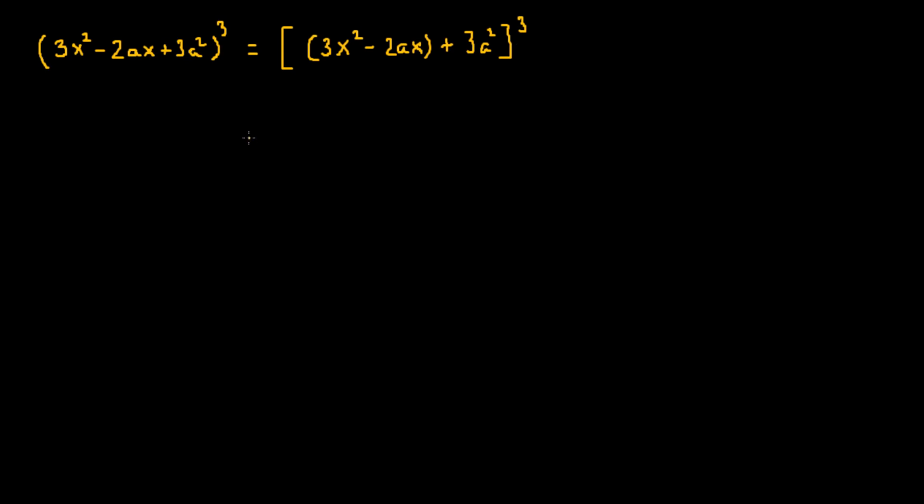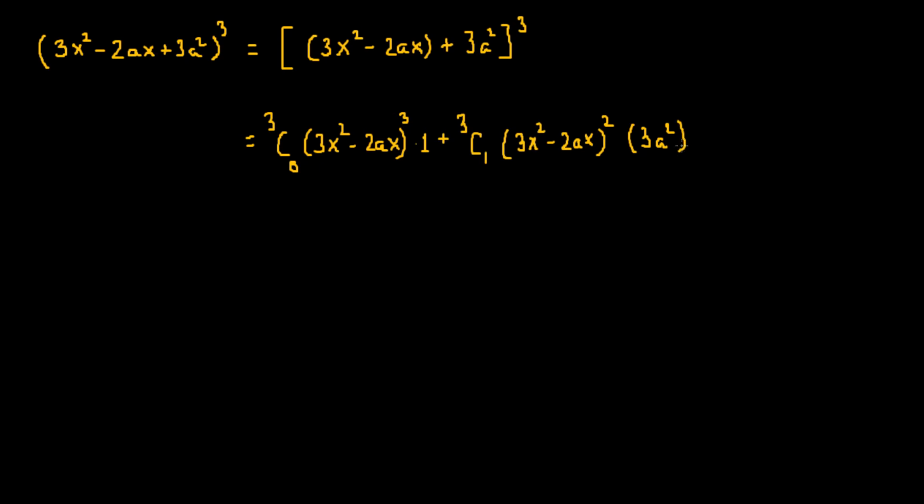Okay, so now we apply the binomial theorem. So this is 3C0 (3x squared minus 2ax) whole raised to the power of 3 times 1, plus 3C1 (3x squared minus 2ax) raised to the power of 2 times (3a squared) raised to the power of 1, plus 3C2 (3x squared minus 2ax) raised to the power of 1 times (3a squared) whole squared.